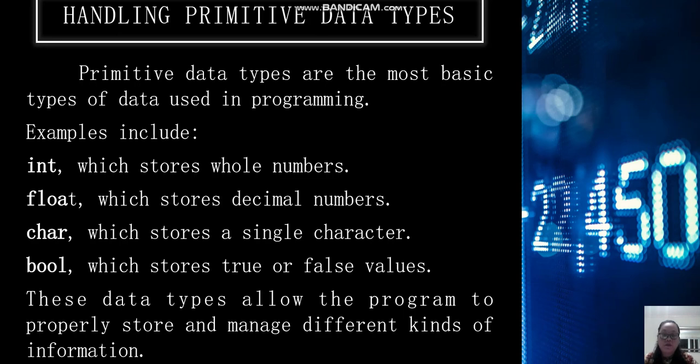Handling primitive data types. Primitive data types are the most basic types of data used in programming. Examples include int, which stores whole numbers, float, which stores decimal numbers, char, which stores a single character, and bool, which stores true or false values.